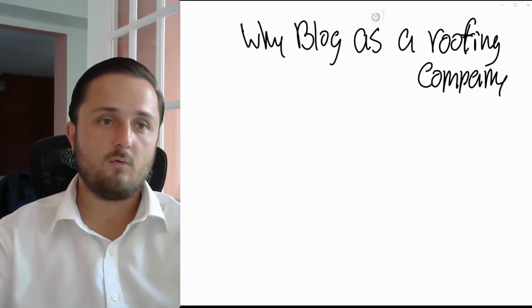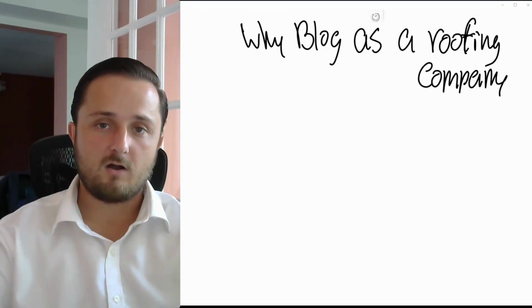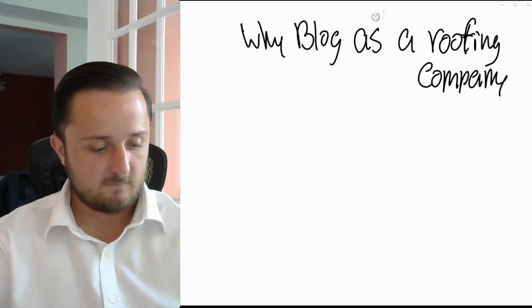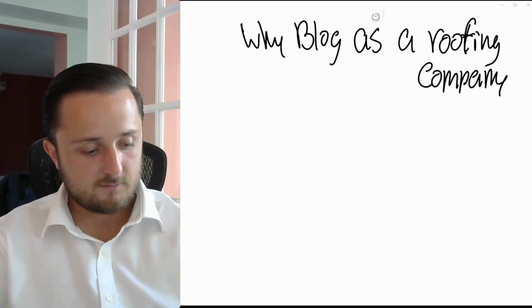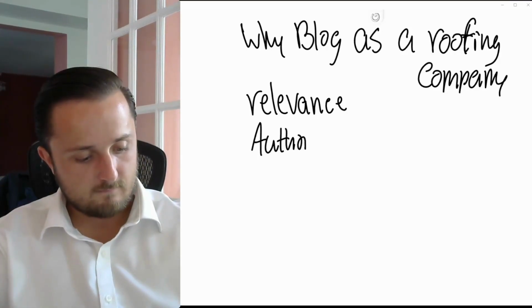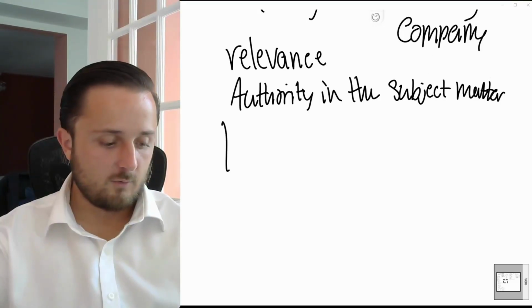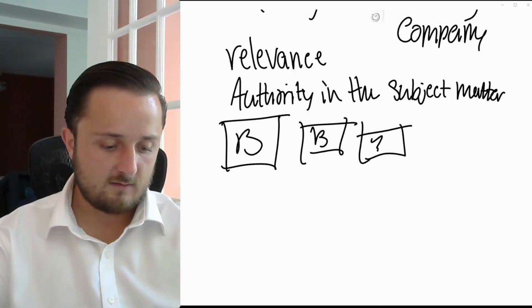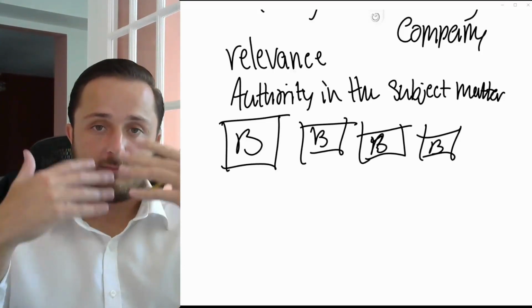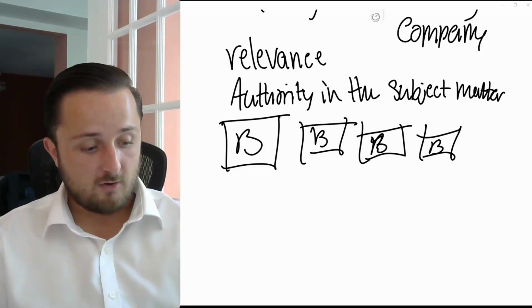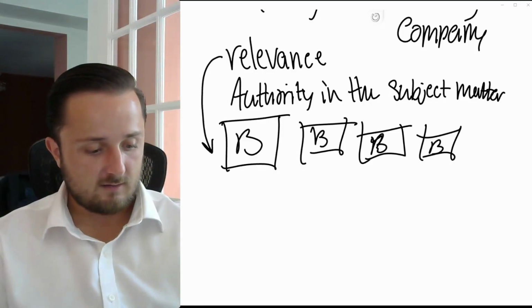Now we're going to talk about why blog as a roofing company. Why do we create blogs on our site? We create blogs on a roofing company site for relevance and authority in the subject matter. So we'll go and write these blogs, right? And what this does is that this will build up our domain, our website, with Google with all this relevant content that we have, right?